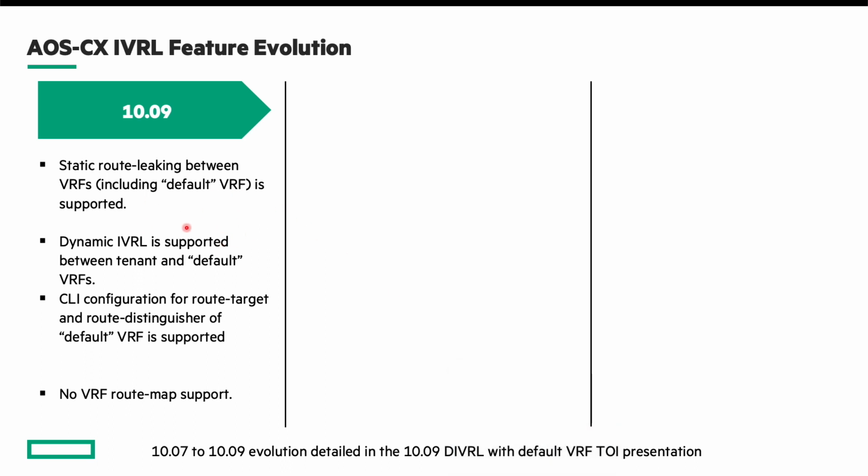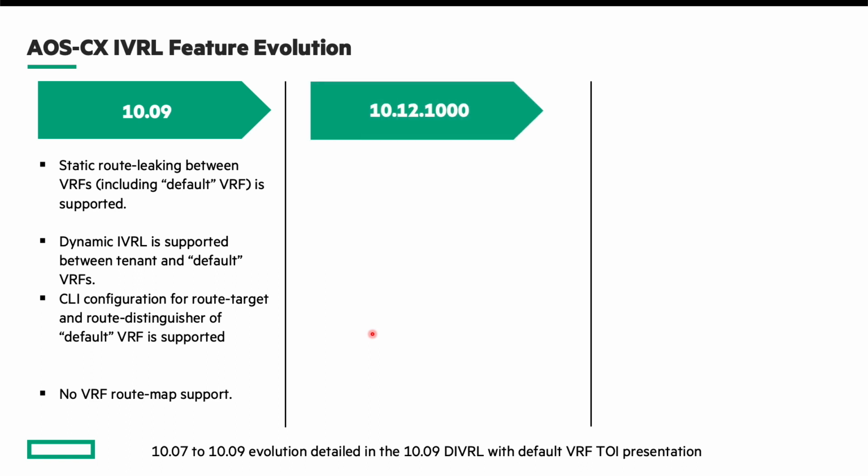A couple of features were added between 10.7 and 10.9. We have the static route, dynamic IVRL, and the default VRF was considered like any other tenant VRF, where we can configure an RD for the default VRF.